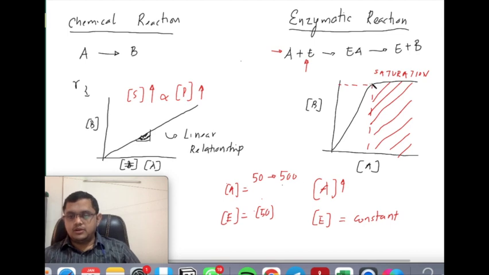So at this point, you can say this point is 50, right? This is 50. Even if I increase from 50 to 500, there is no enzyme more than 50, so it saturates. So here the enzyme is the limiting factor.